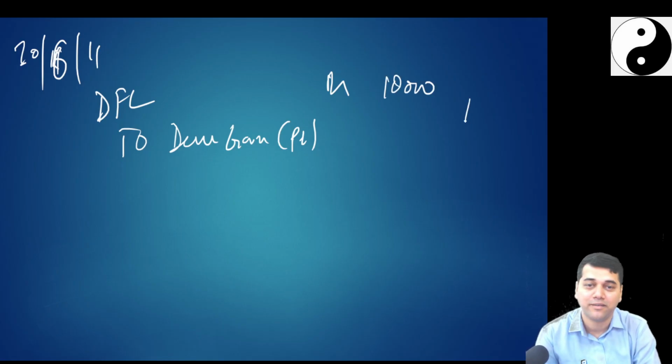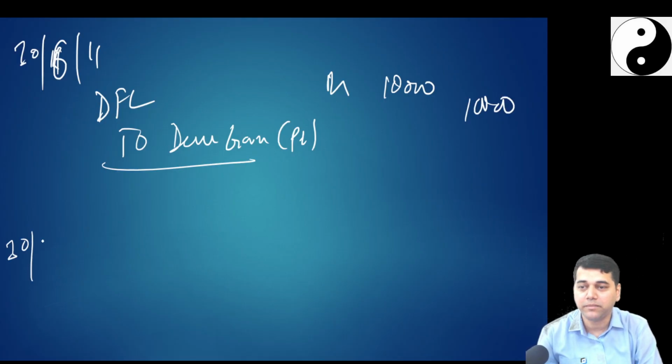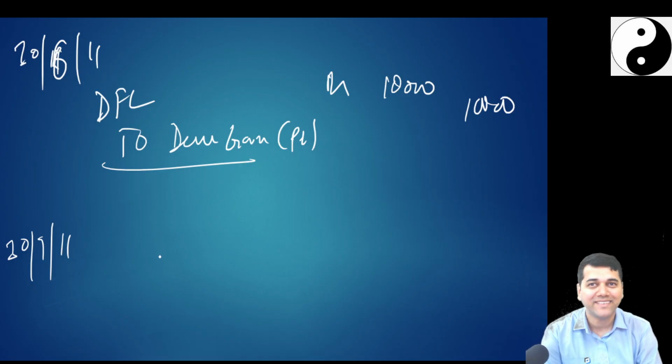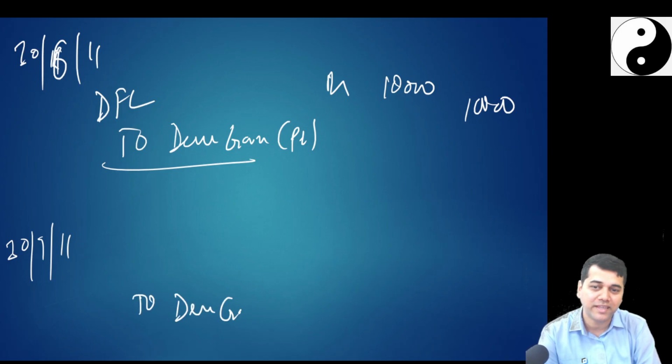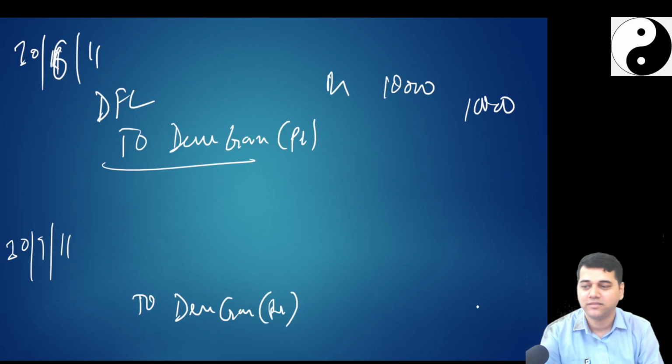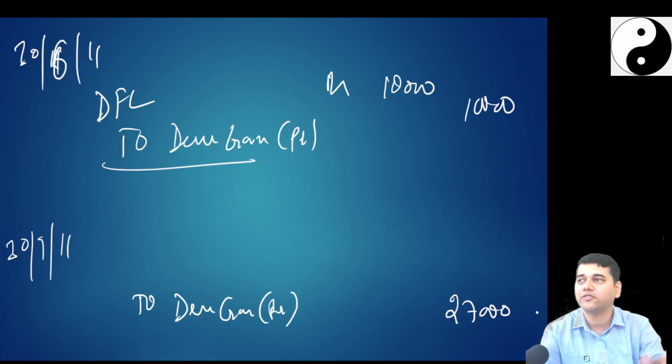10,000. Be very clear. Then on 30th September, happy or sad? Happy. Your gain. So credit derivative gain P&L. How much? 27,000, because your loss got recovered and you're sitting on a profit now.